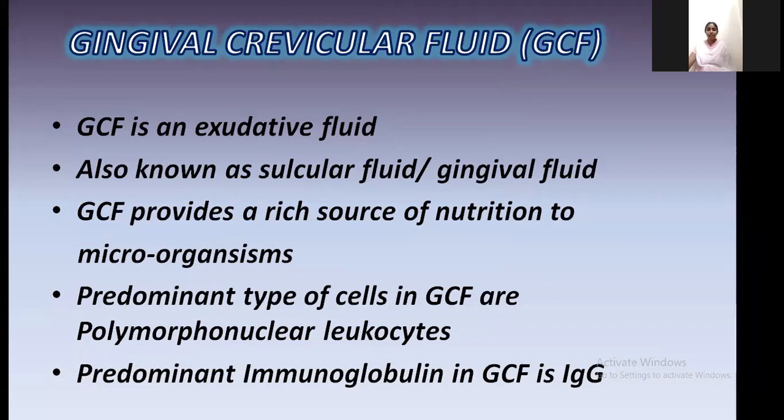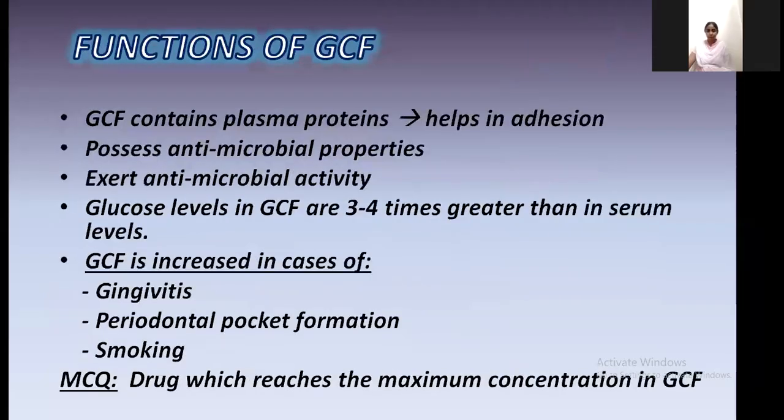Predominant immunoglobulin in the GCF is IgG, important one word. Functions of GCF are: GCF contains plasma proteins that help in adhesion. It possesses antimicrobial properties, exert antimicrobial activity, and the glucose level in GCF is 3 to 4 times greater than that in serum. Important one word.